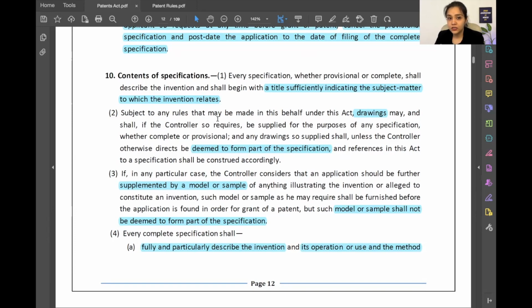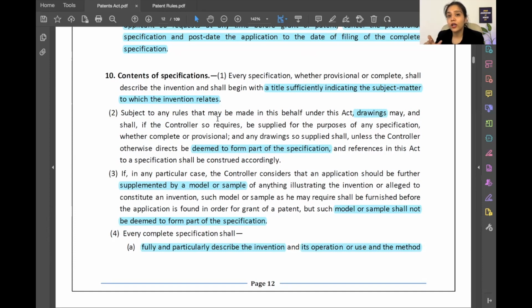This is a practice which I follow, and I suggest it for the patent agent examination as well, when you write your second paper. In the claims also we have three sections. One claim will have a preamble, a transition phrase, and a body.